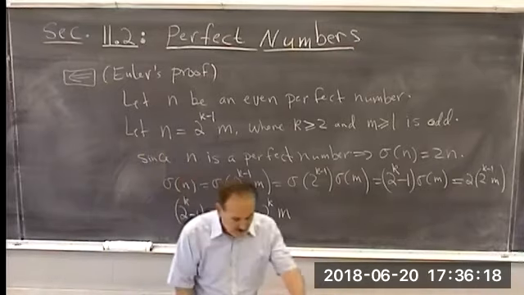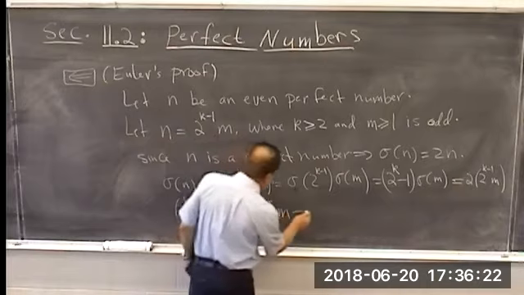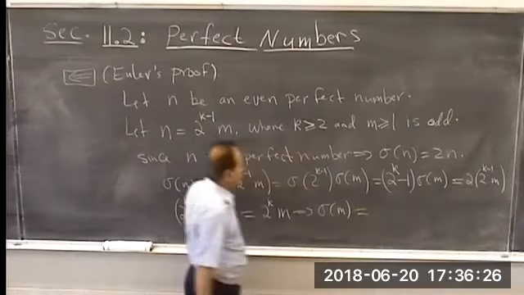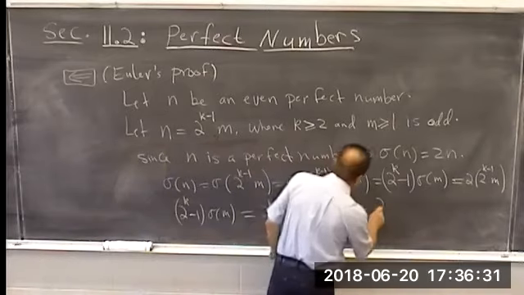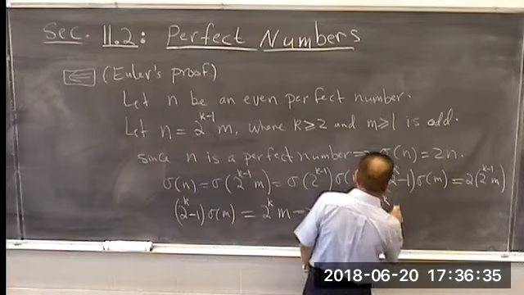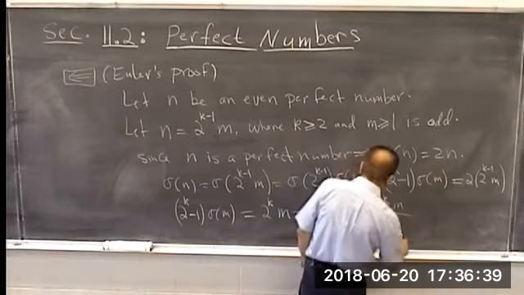From here, we can say that sigma of m is equal to 2 to the k times m divided by 2 to the k minus 1.